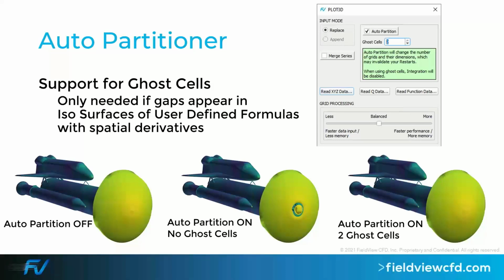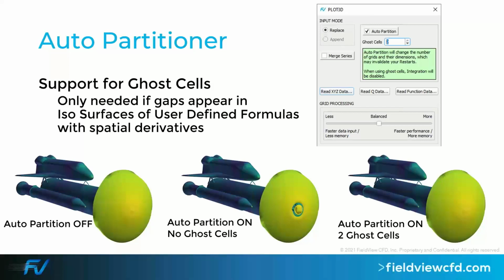If you need to, you find the ghost cells right below the Auto Partitioner input, and you can define 1 or 2 layers of ghost cells, and you can see that it's sufficient for closing the gap over here. However, because new faces will be added to your surfaces, this will have an impact on quantitative analysis, like integrating scalars or vectors on that surface.